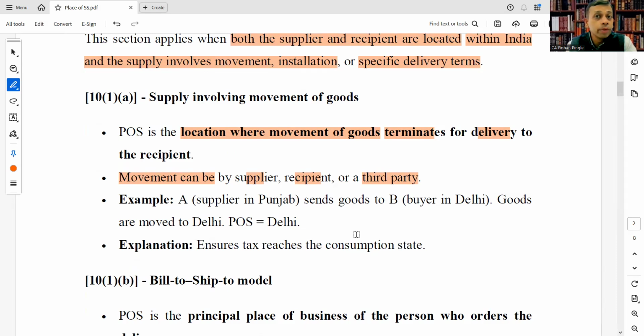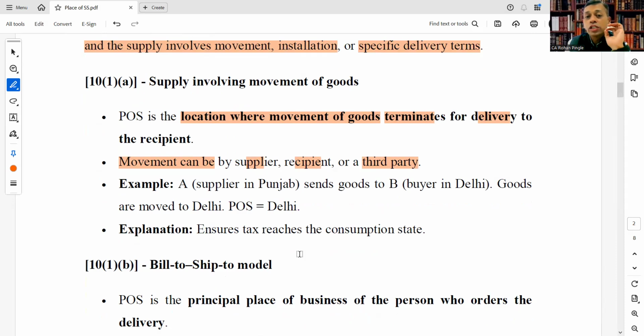Place of supply will be Delhi. Understood? It's from Punjab to Delhi, and delivery terminates in Delhi. So place of supply will be Delhi.